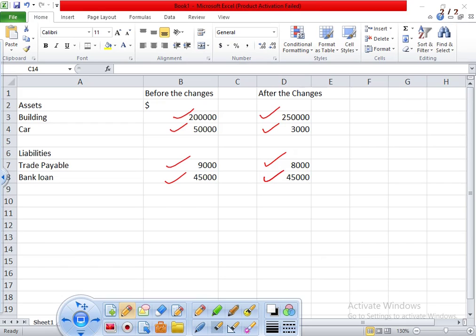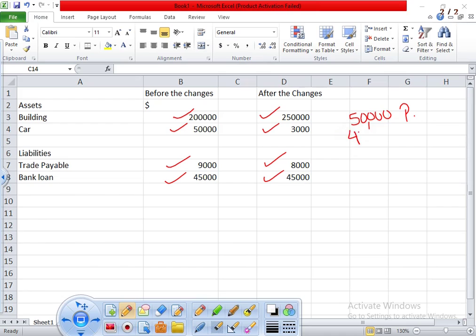At this moment, we can calculate the profit or losses on each of these assets and liabilities. So building has increased from 200,000 to 250,000. So there is a profit of 50,000 here. Now, the car was 50,000; it has gone down to 3,000. So there is a 47,000 loss.